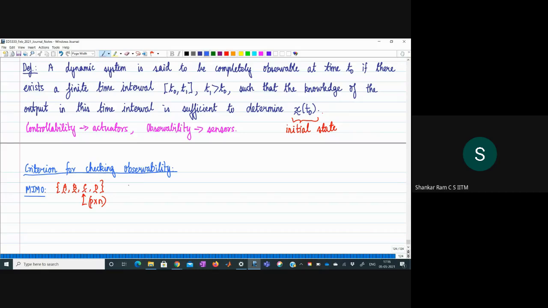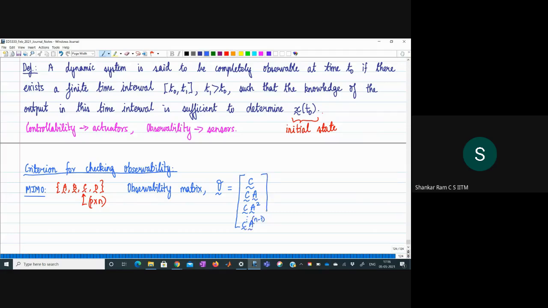So what we do is construct what is called an observability matrix. The observability matrix is defined as follows: we stack the matrices. First we stack the matrix C, then the matrix CA, then CA square, all the way till C times A power n minus 1.